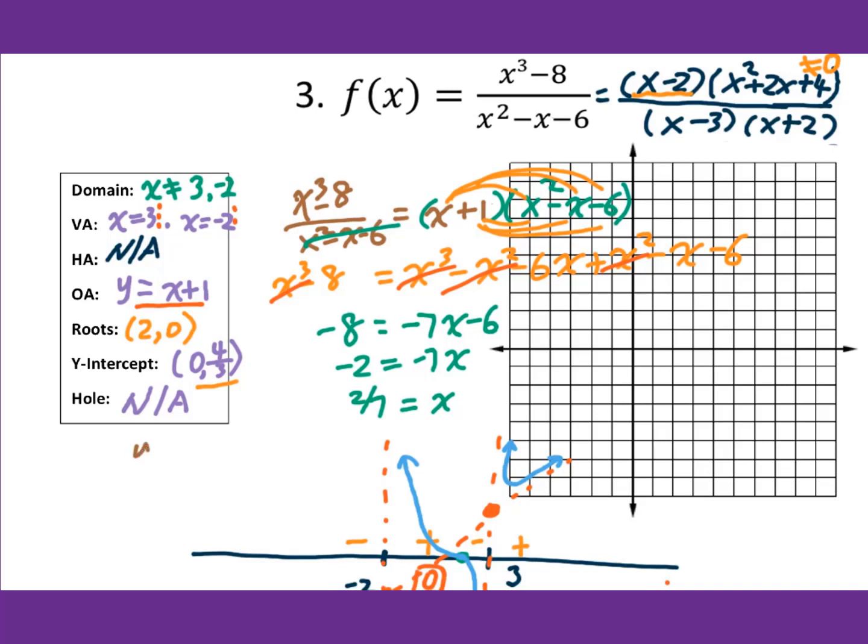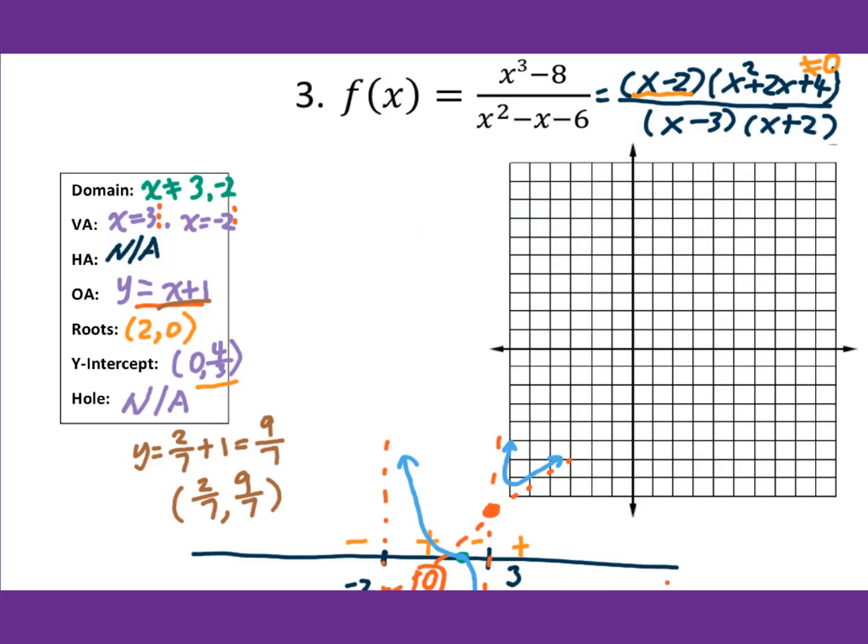And for y, we plug into x plus 1. So 2 over 7 plus 1, that is 9 over 7. So the intersection of the oblique asymptote line and the graph is 2 over 7 and 9 over 7.